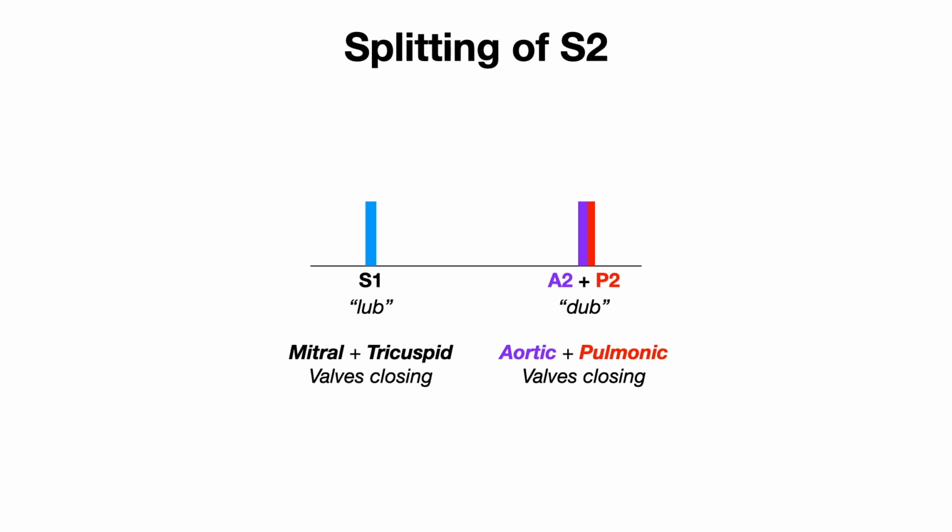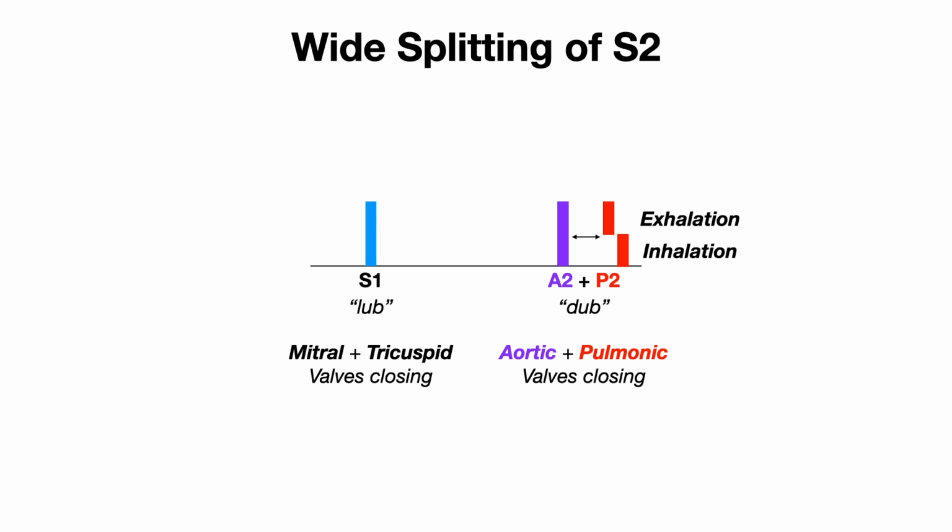And depending on whether you're breathing in during inhalation or breathing out during exhalation, those lines can slide. Now I'm going to explain all the physiology here and what's happening, but let's start by talking about wide splitting of S2. So when you get splitting, A2 and P2 will separate. And then depending on, again, whether you're breathing in or out, those individual lines will separate more.